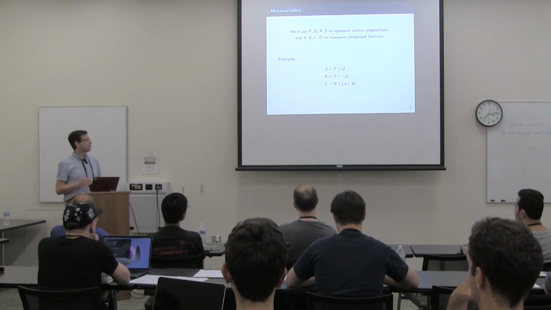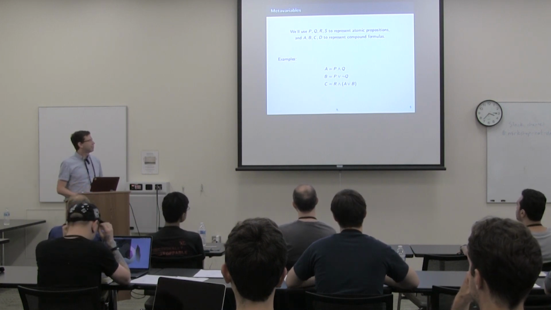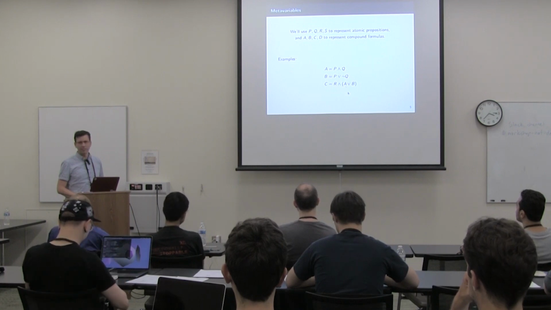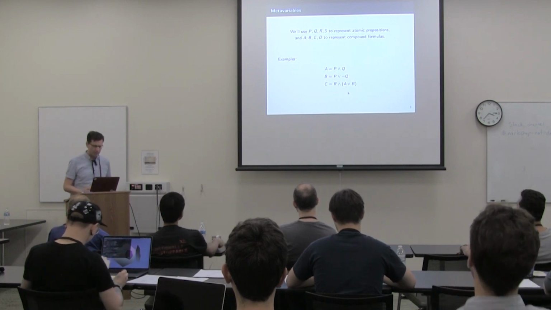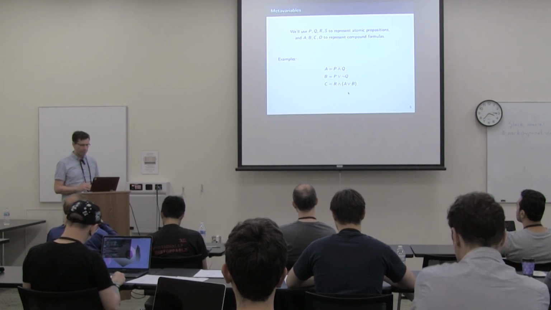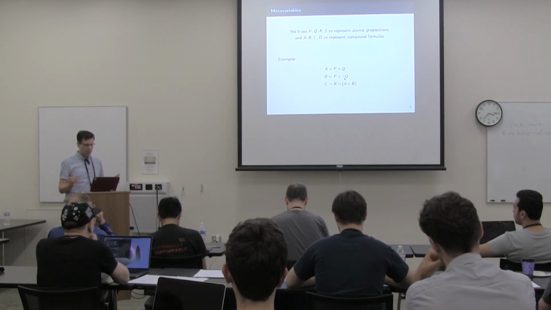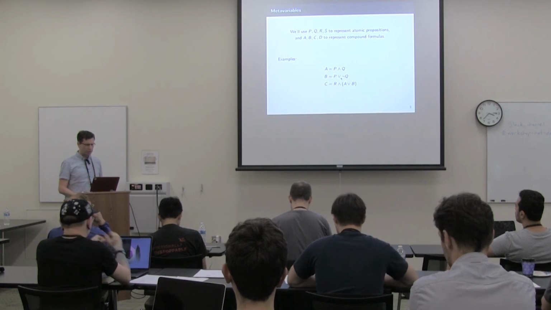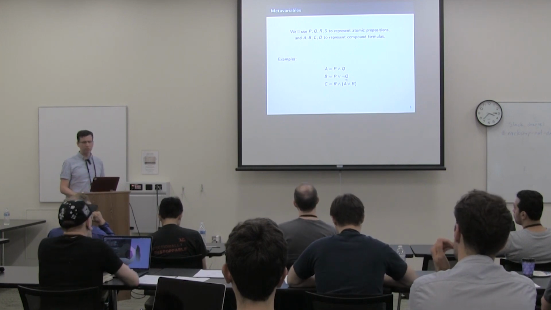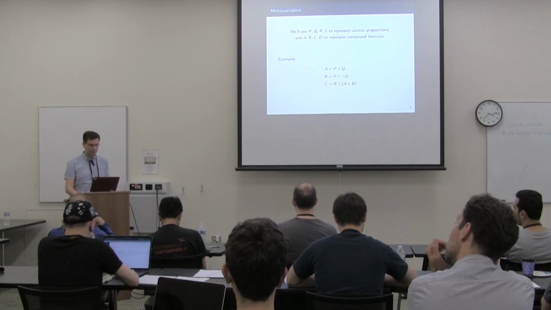And I have some examples here. You can see that I can use parentheses to group these logical expressions, formulas. And this not symbol binds tighter than the or, so this means P or not Q. It's as though the not Q were in parentheses.